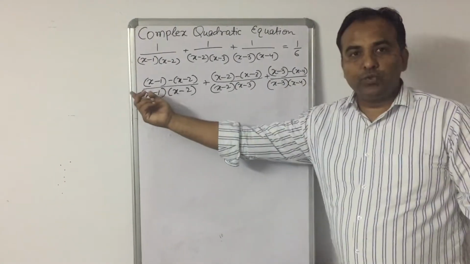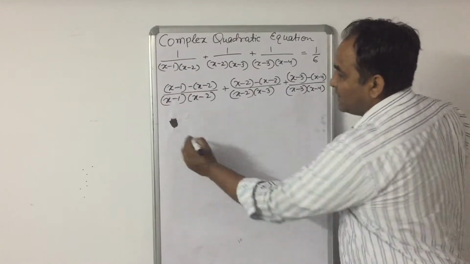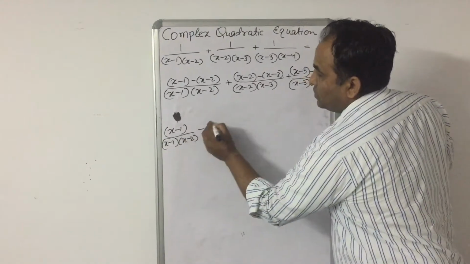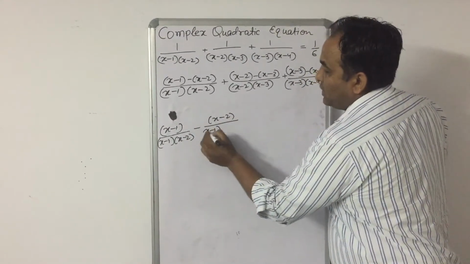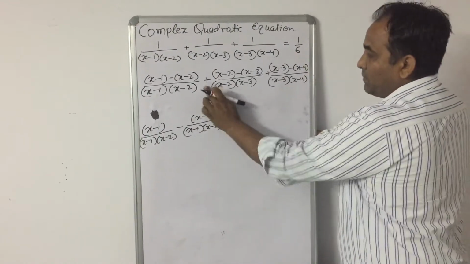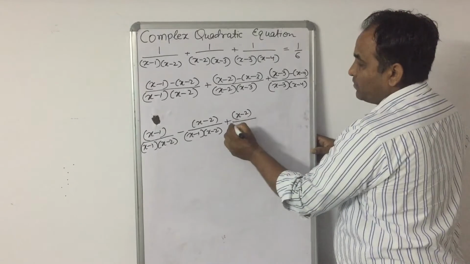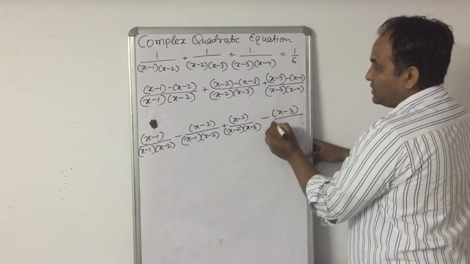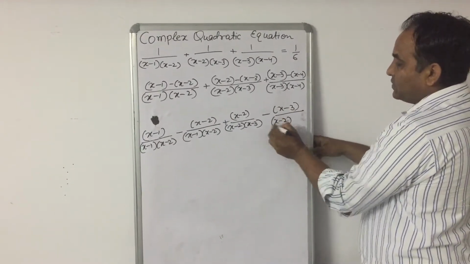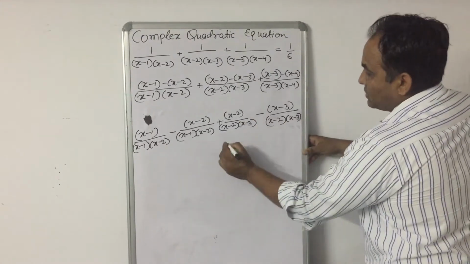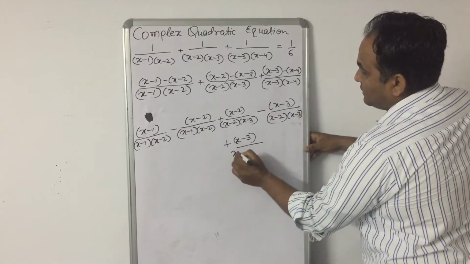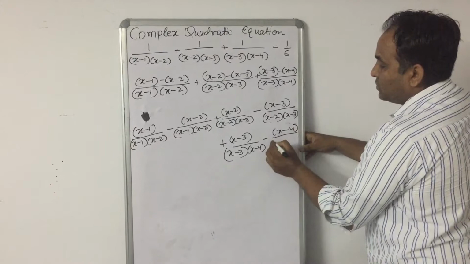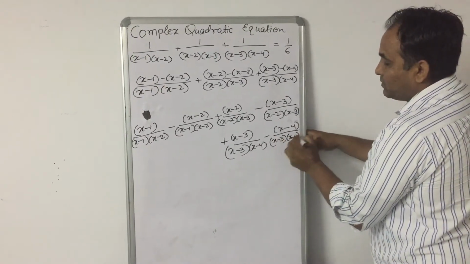Now, I am going to distribute. If I distribute this denominator with this, I will get (x minus 1) on (x minus 1)(x minus 2), minus (x minus 2) on (x minus 1)(x minus 2), plus (x minus 2) on (x minus 2)(x minus 3), minus (x minus 3) on (x minus 2)(x minus 3), plus (x minus 3) on (x minus 3)(x minus 4), minus (x minus 4) on (x minus 3)(x minus 4).